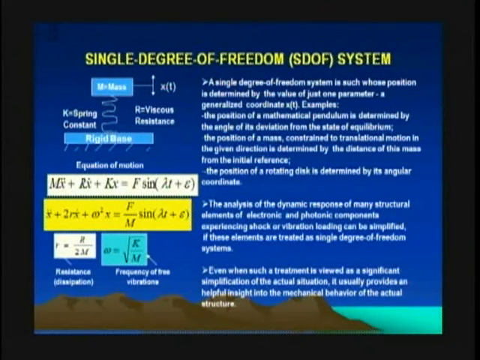And the last term is the restoring force, where K is a spring constant and X is the displacement. So X is the displacement, x with a dot is the derivative with respect to time of the displacement, which is velocity, and x with two dots is acceleration.